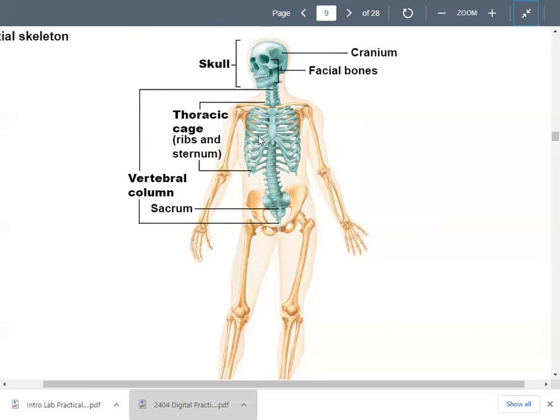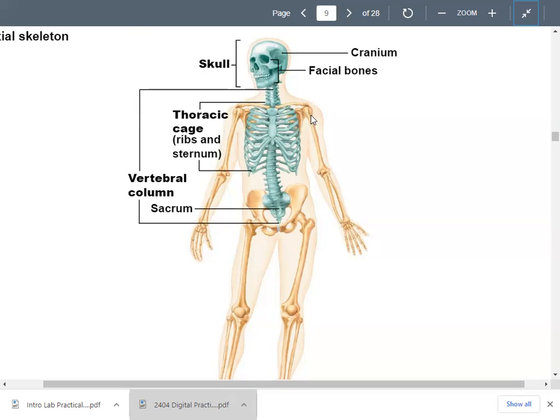The thoracic cage contains your ribs and your sternum. Remember the ribs, you have 1 through 7, which are true ribs, right? And why are they true? Because they connect to the sternum via the costal cartilage, right? And you have 8 through 10, which are false ribs because they don't connect directly.